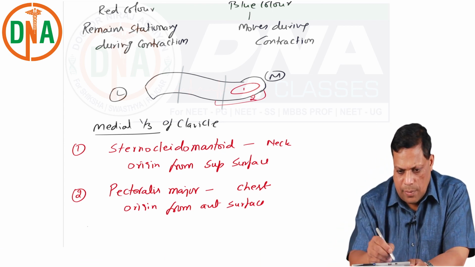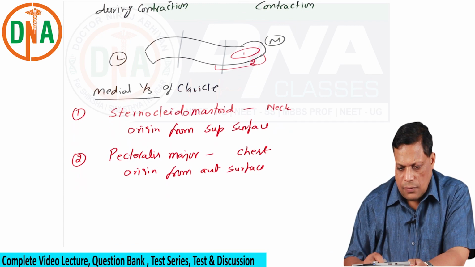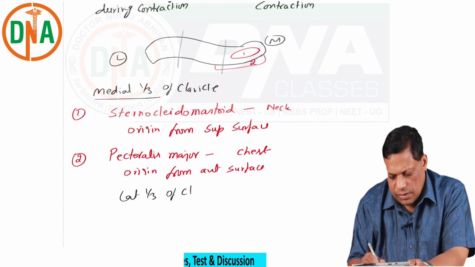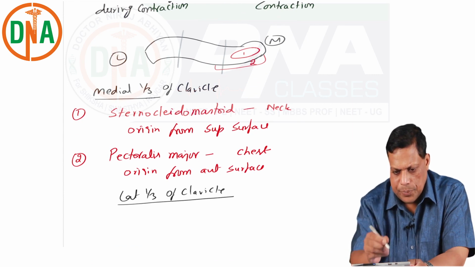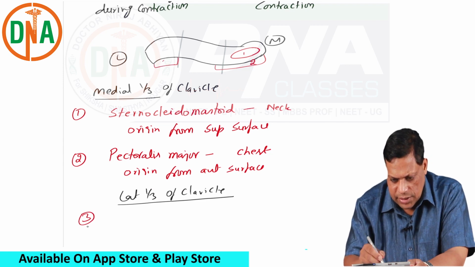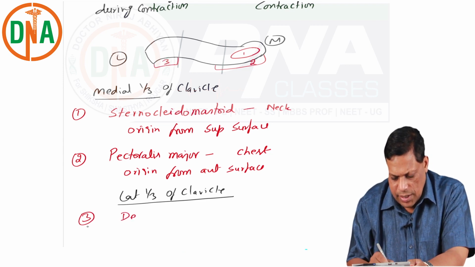Now we will talk about the lateral 1/3 of clavicle. Here, number 3 muscle is the deltoid muscle.